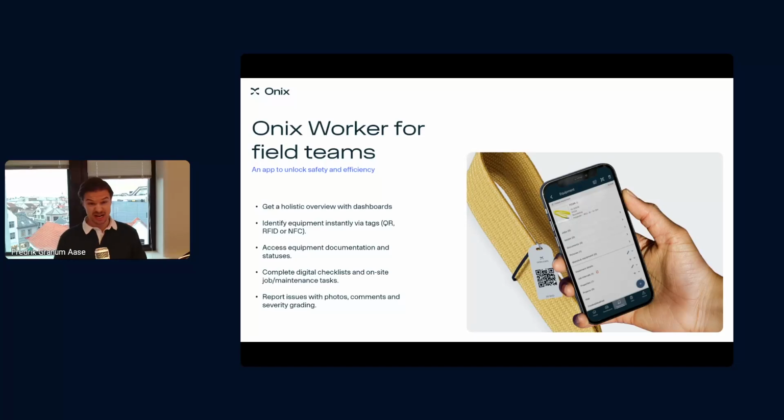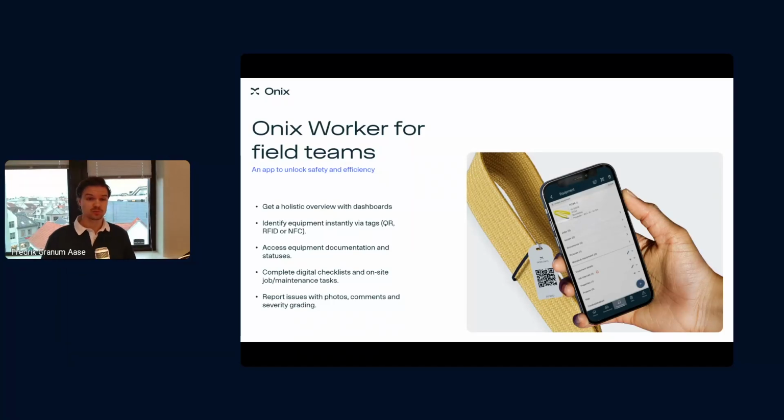It contains the general functionality of being able to search for equipment, see information such as documents, and so on, but also allows you to do pre-work checklists, preventive maintenance, flag issues on equipment, and fix those issues. All the functionality that you need from a field worker.